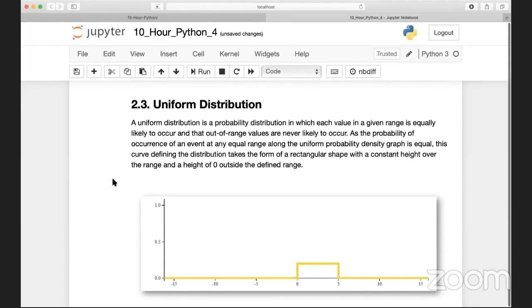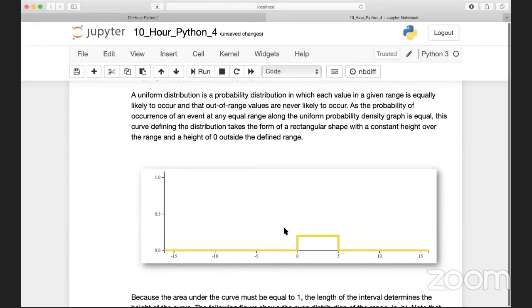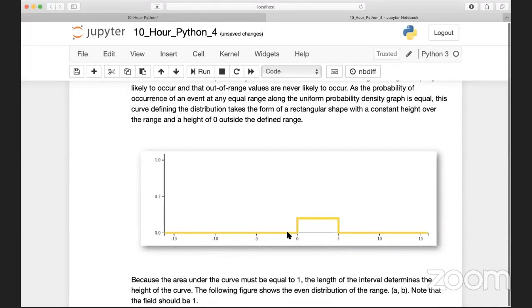So it basically works with a specified range, like here in this case, it's 0 and 5. We are working within this range, and the probabilities of the events are equal in this predefined range. Outside of the range, the probability is 0.